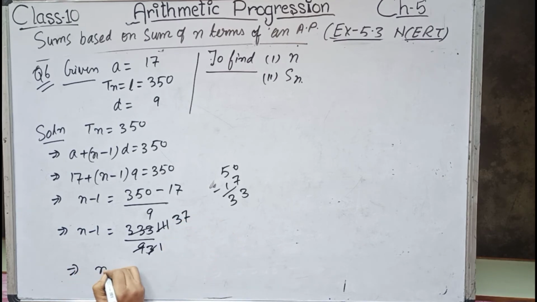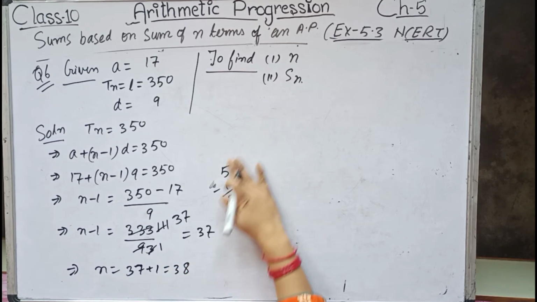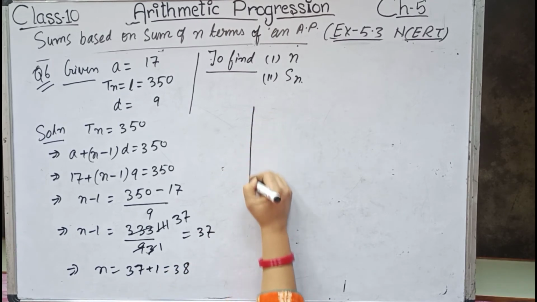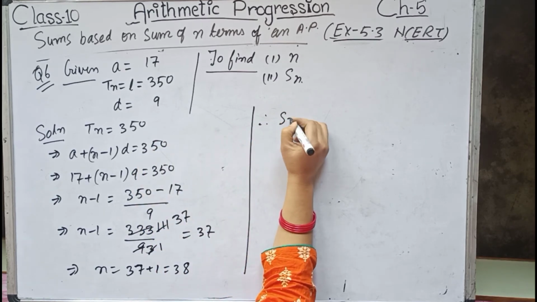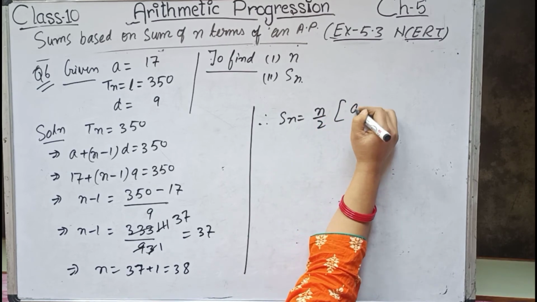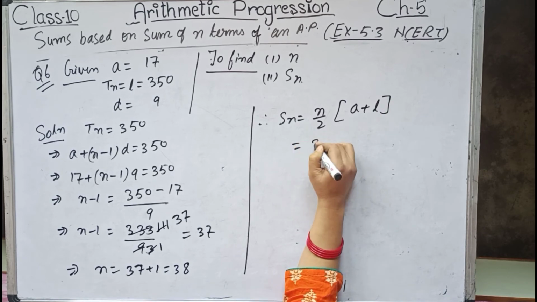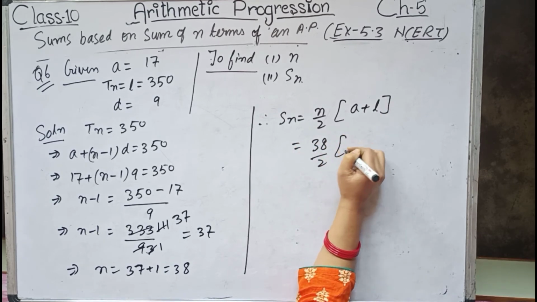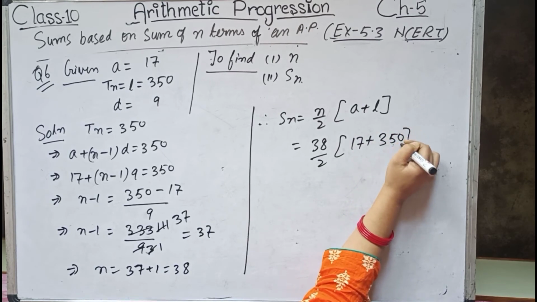This implies n equals 37 plus 1 equals 38. Now, therefore, Sn equals n by 2, first term plus last term we can use, and n value is 38 by 2, and A value is 17, and L value is 350.